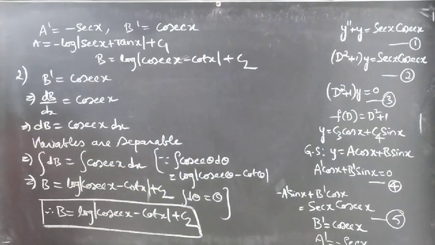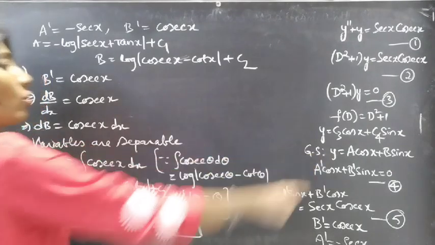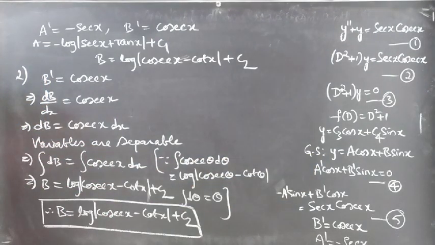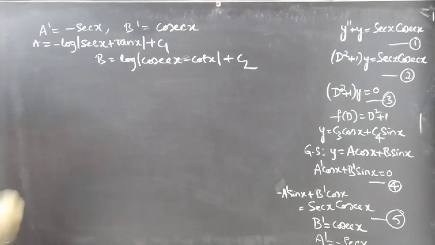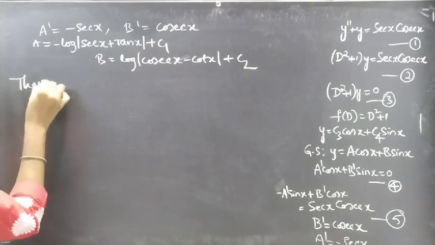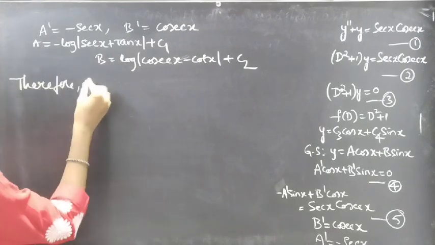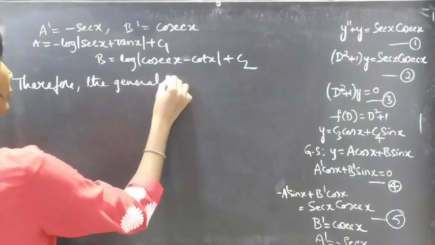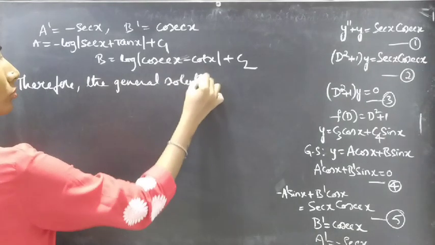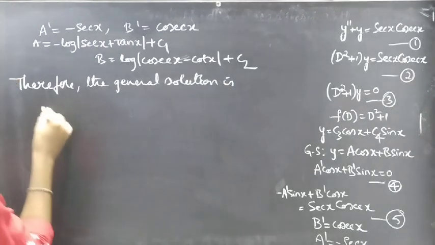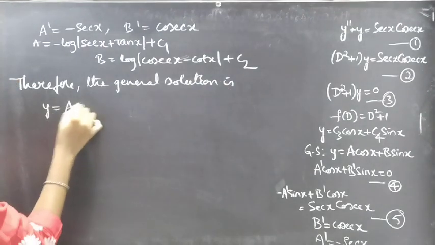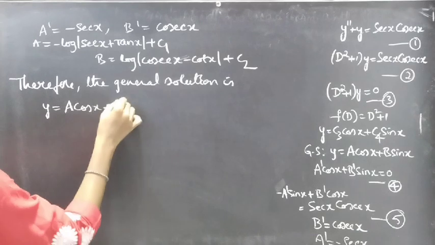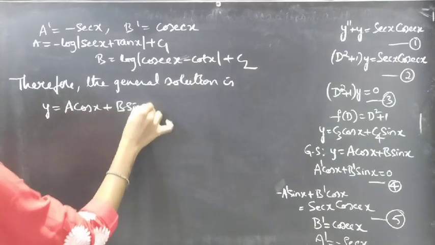Let's now write the general solution using y equal to a cos x plus b sin x. Therefore, the general solution is given by y equal to a cos x plus b sin x.